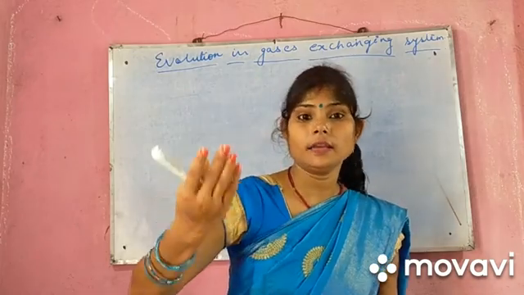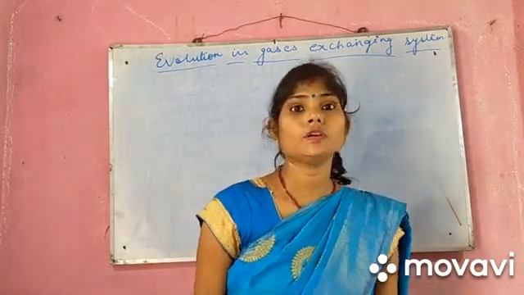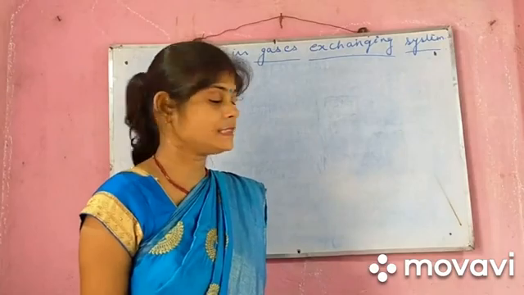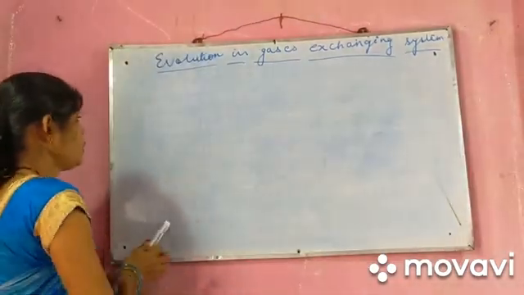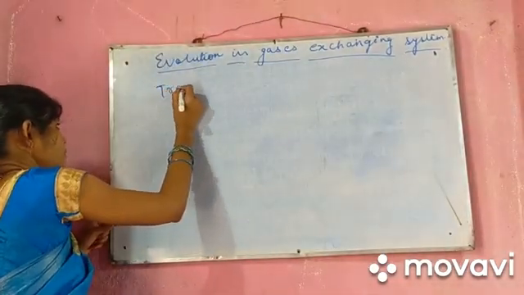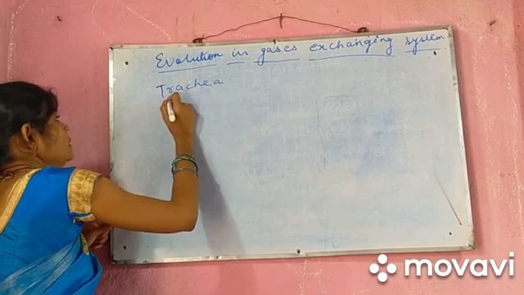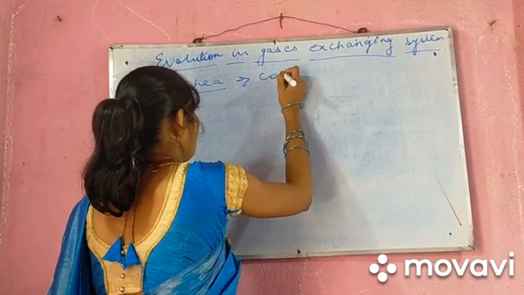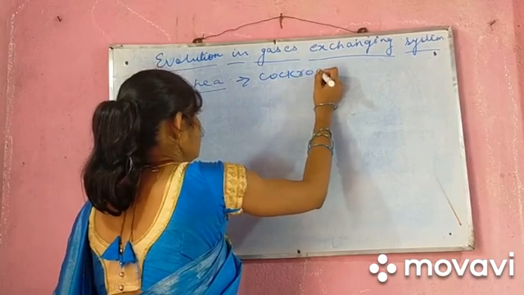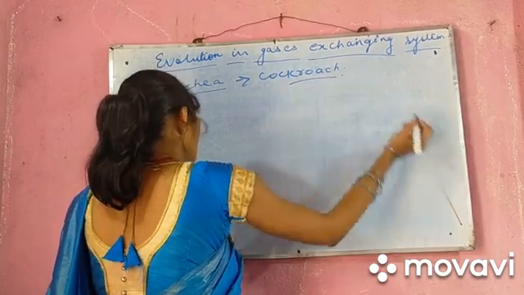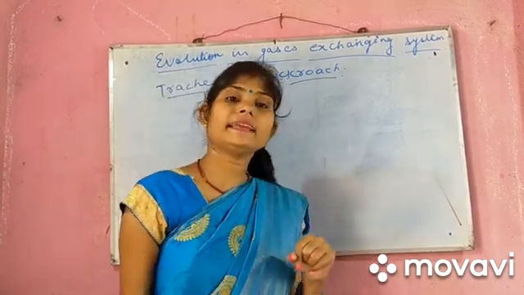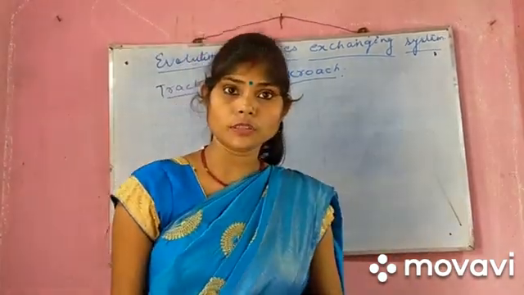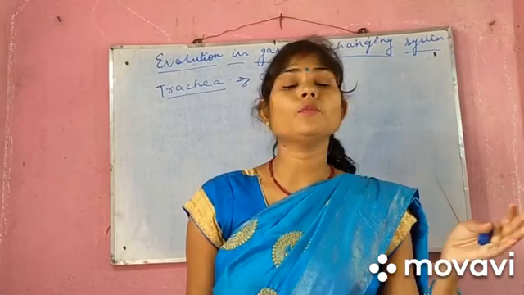But as we go higher, for example the cockroach, they respire through the tracheal system. Trachea is the respiratory organ in cockroaches and many other animals.